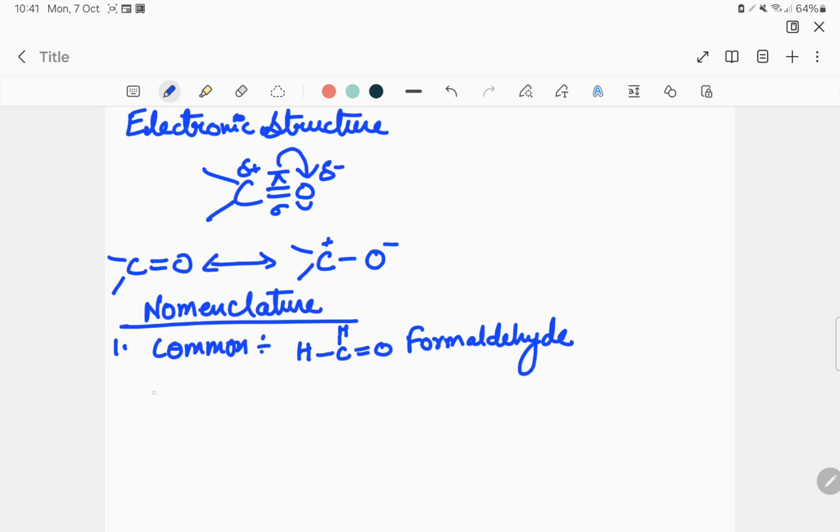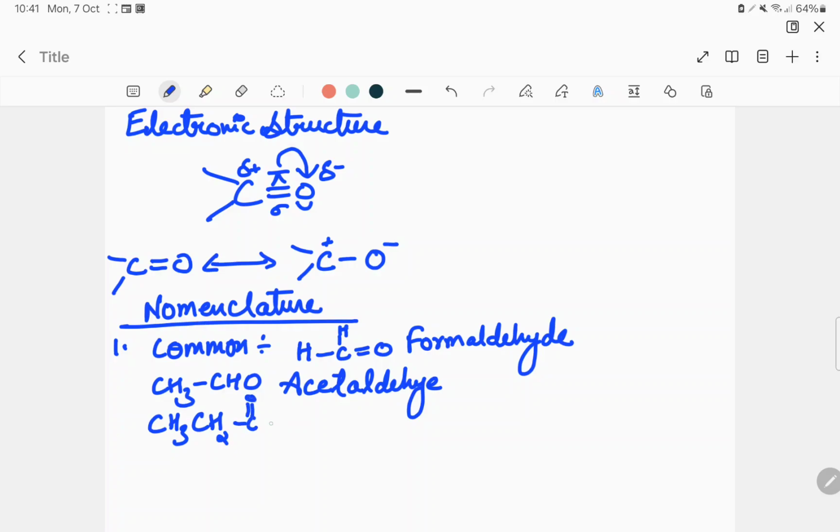And then the next member, CH3CHO, is acetaldehyde. If we have 3 carbon atoms, this is known as propionaldehyde.